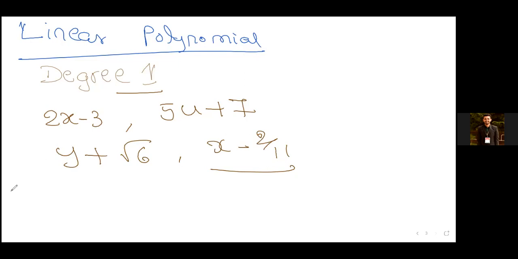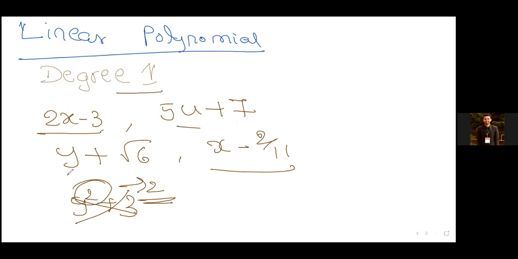And remember, if I give this expression y square plus 3, this is not a linear polynomial because this is having degree 2, right? You can see these terms, these are having the degree as 1. So these expressions are having degree 1.